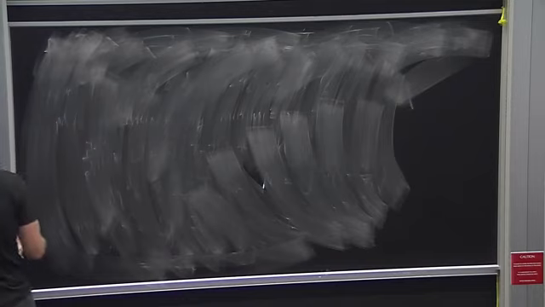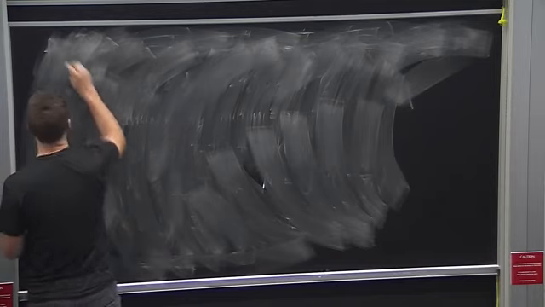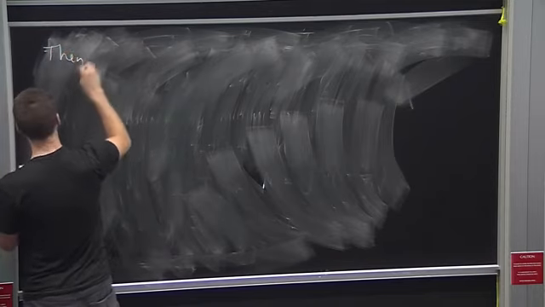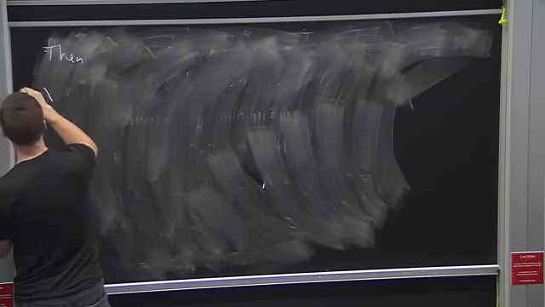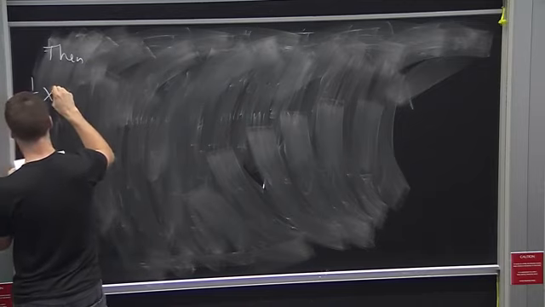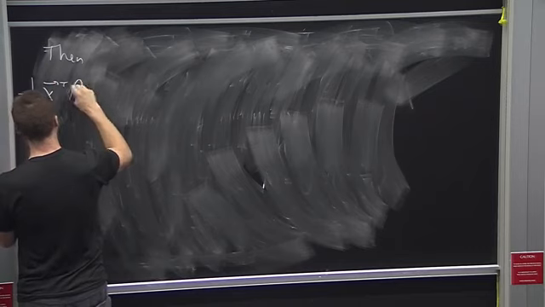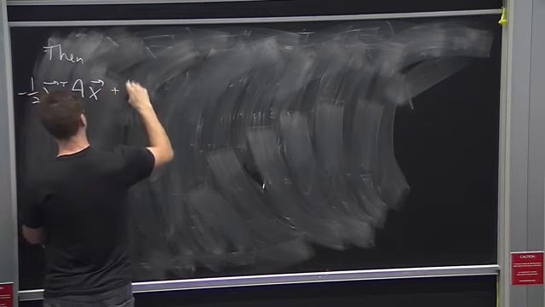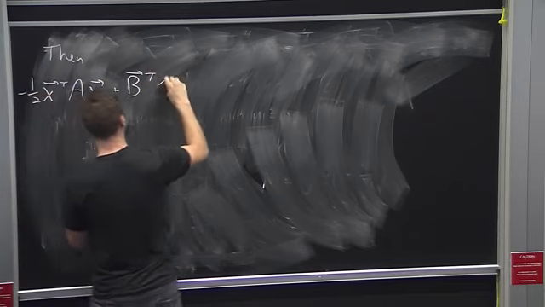I'm talking about this piece here: minus 1/2 x transpose A x plus B transpose dot x.